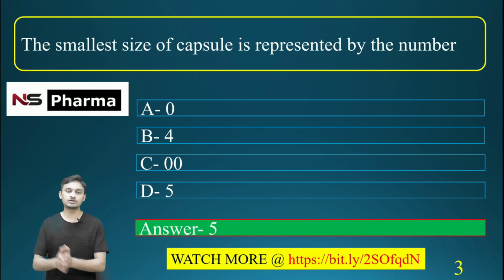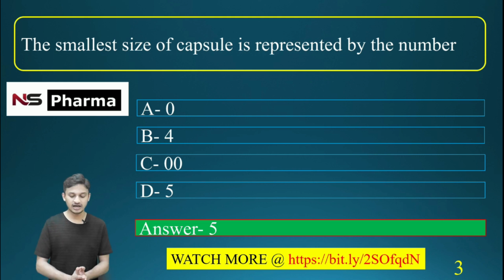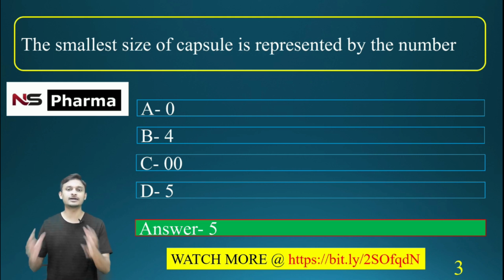Capsule number 5 represents the smallest size. It can include approximately 100 milligram of aspirin. What about the biggest size of capsule?